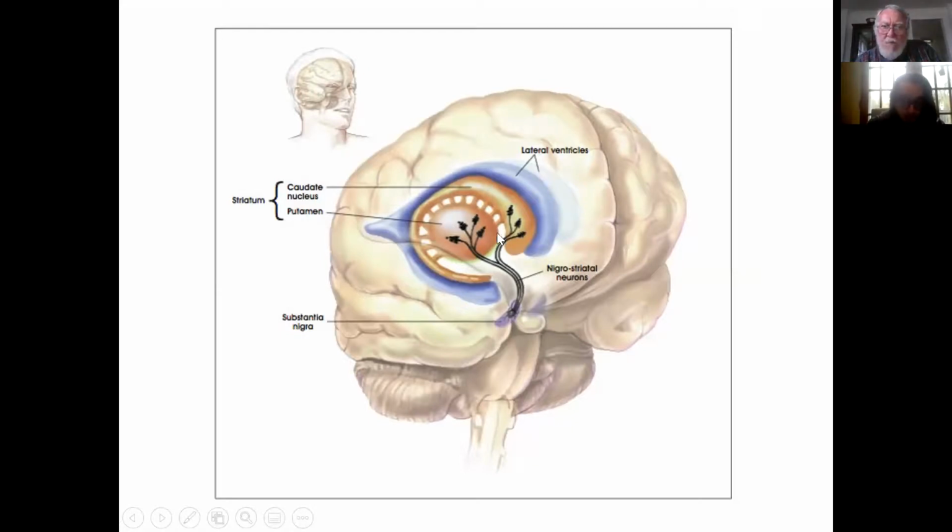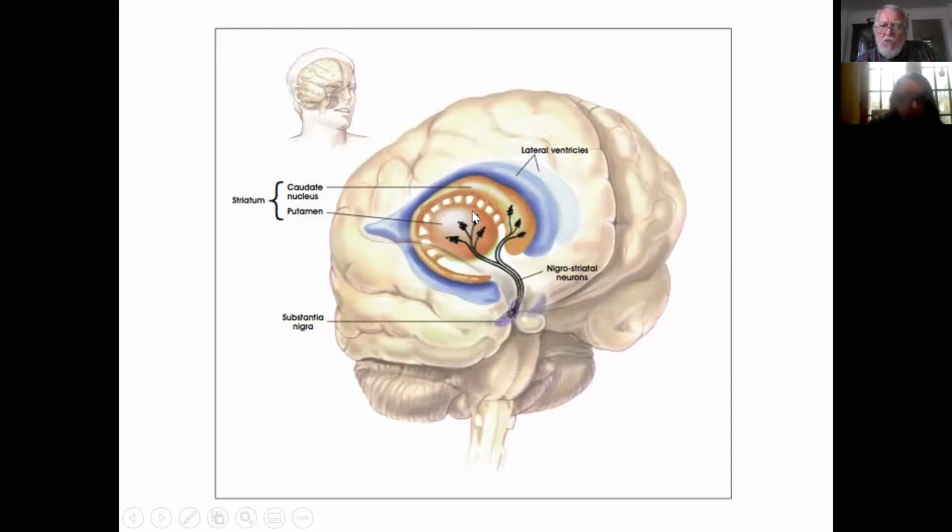One very important thing we see here is this large set of cells in the midbrain, the substantia nigra pars compacta, of which 50% of the cells are dopaminergic, and the vast majority of those dopaminergic cells will form the nigrostriatal tract.